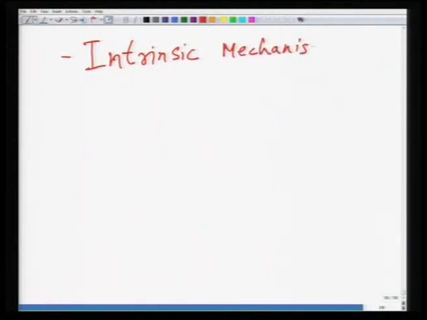These failures are often divided into two categories. One is the basic mechanisms.